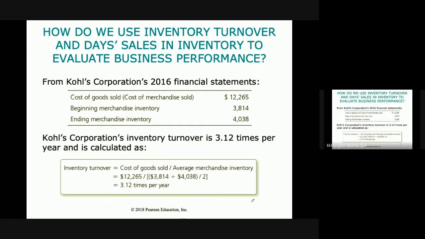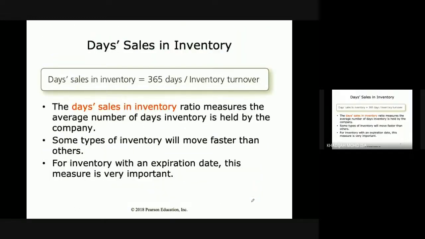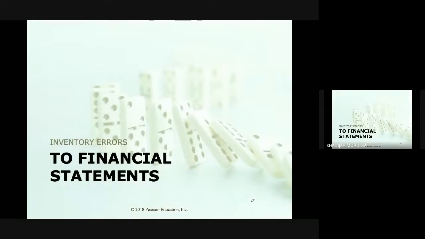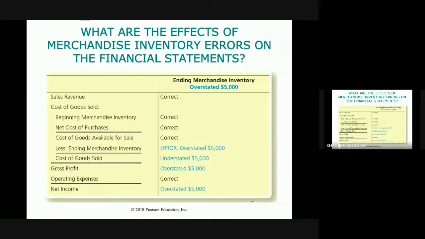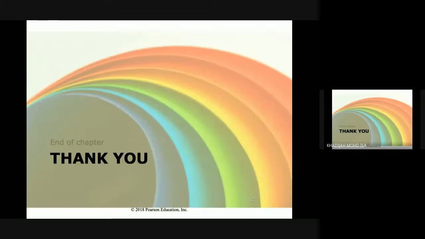Because this topic is on inventory, it talks about how we use the inventory information in order to make a decision. We have gone through the overstated inventory also, so it's done. You are going to have your group exercise on Thursday.